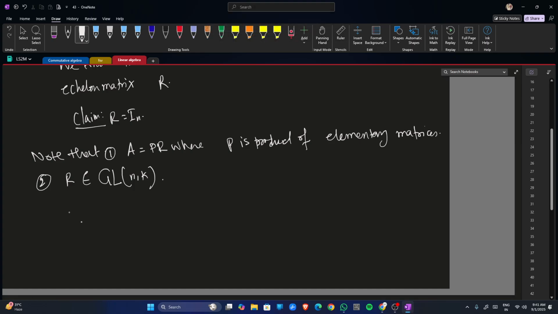If R is a row reduced echelon matrix, and R is not the identity matrix, it means R has at least one row which is zero. This contradicts that R is in GL_n(K).